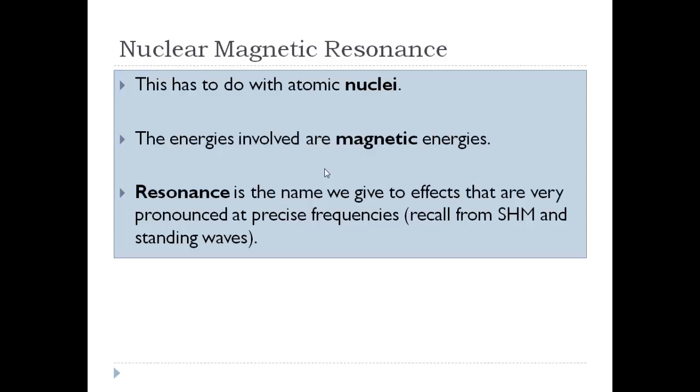And you'll recall that resonance is the name that we gave to situations where the amplitude was very pronounced or maximized at very precise frequencies. So an example was when we were driving a simple harmonic oscillator with a driving frequency almost exactly at the natural frequency of the oscillator. The amplitude tended to increase dramatically at that particular frequency.